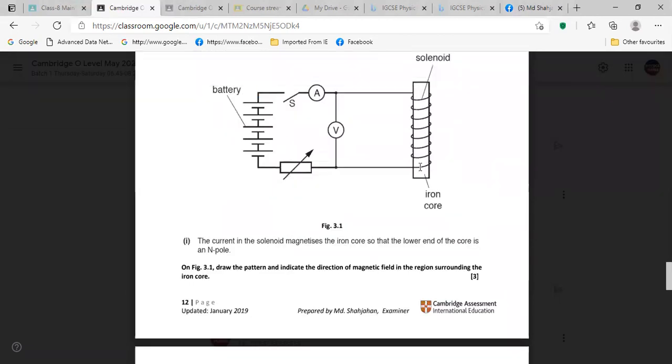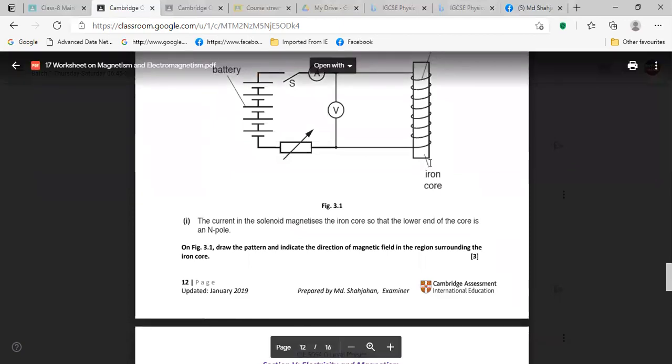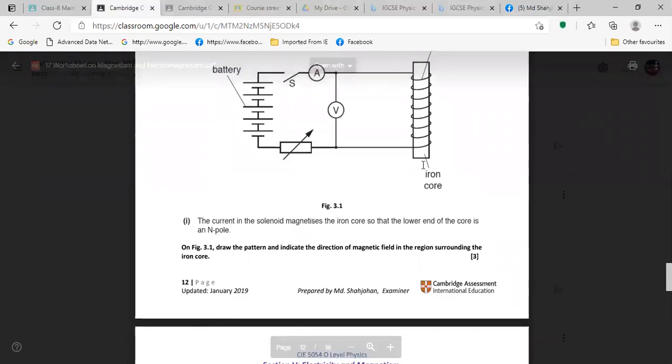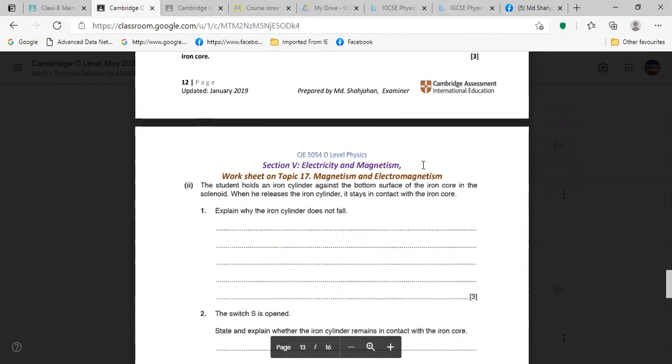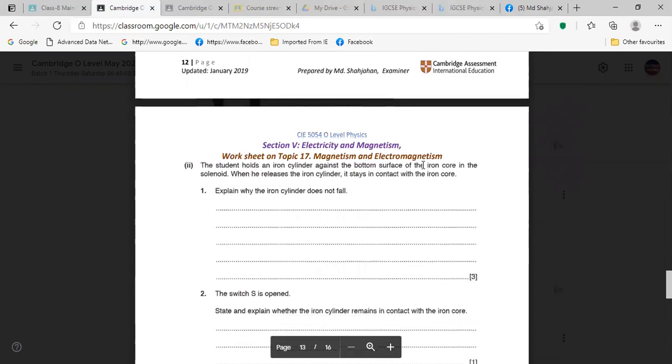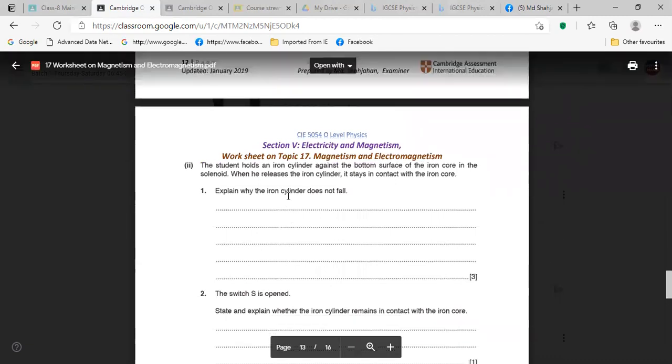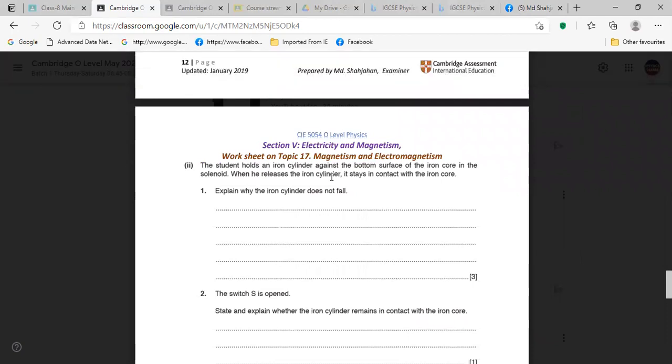So the bottom part of this iron core, it was North Pole, right? Closer to this North Pole, they are bringing one iron cylinder. Then what will happen?